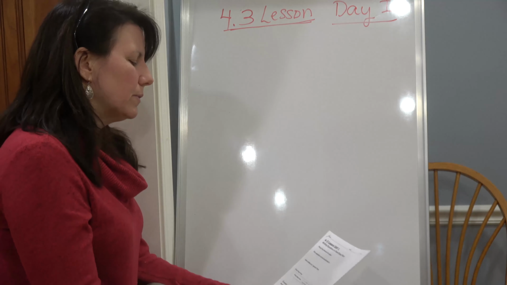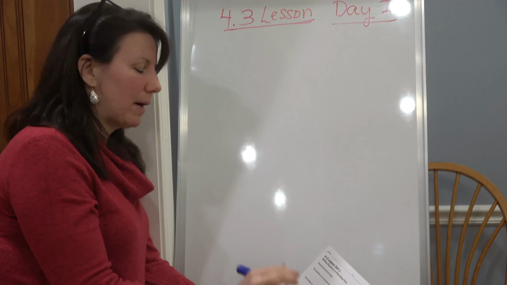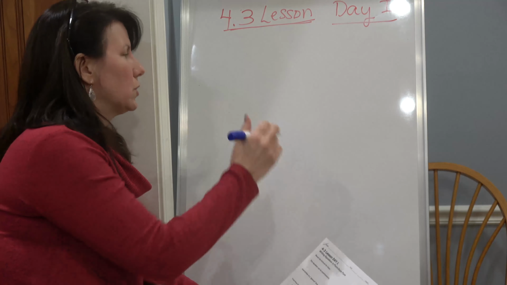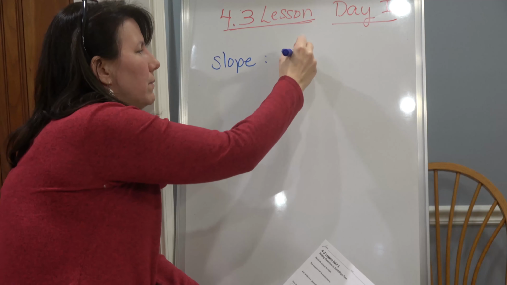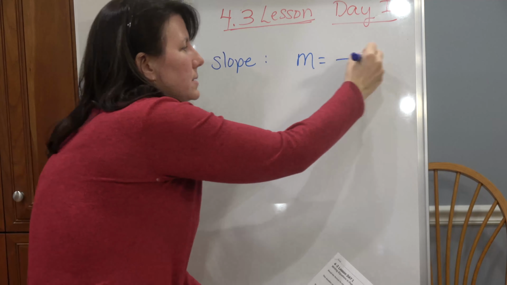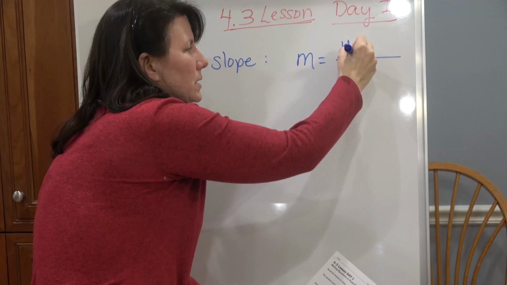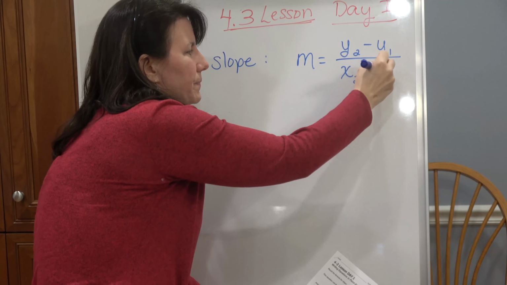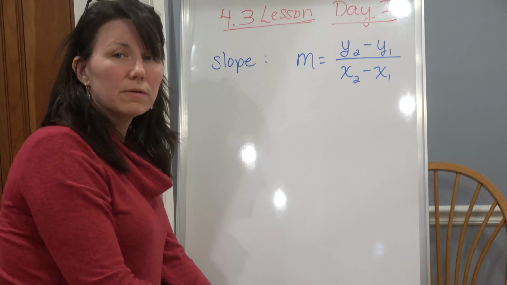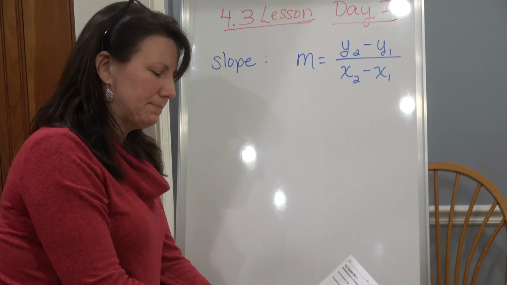But you're going to first start by thinking about the formula for slope, right? So the formula for slope, we know, is looking at a ratio between the change in y's over the change in x's. Right? So that is the formula for slope. We know that.